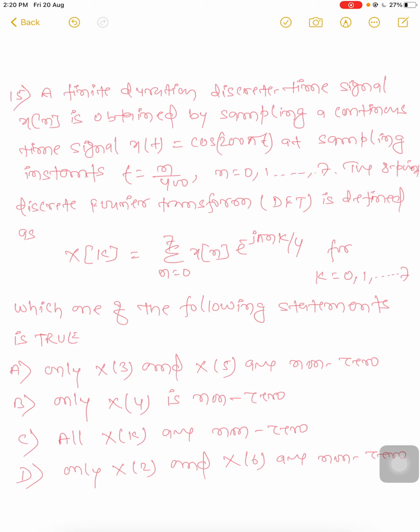We have to find out which of the following statements will be true.